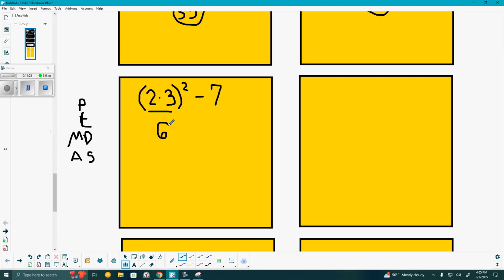This exponent of 2 attaches here because it just drops down. Minus 7. Exponents comes next. 6 squared. 6 times 6 is 36. Minus 7 drops down. 36 minus 7 is 29.